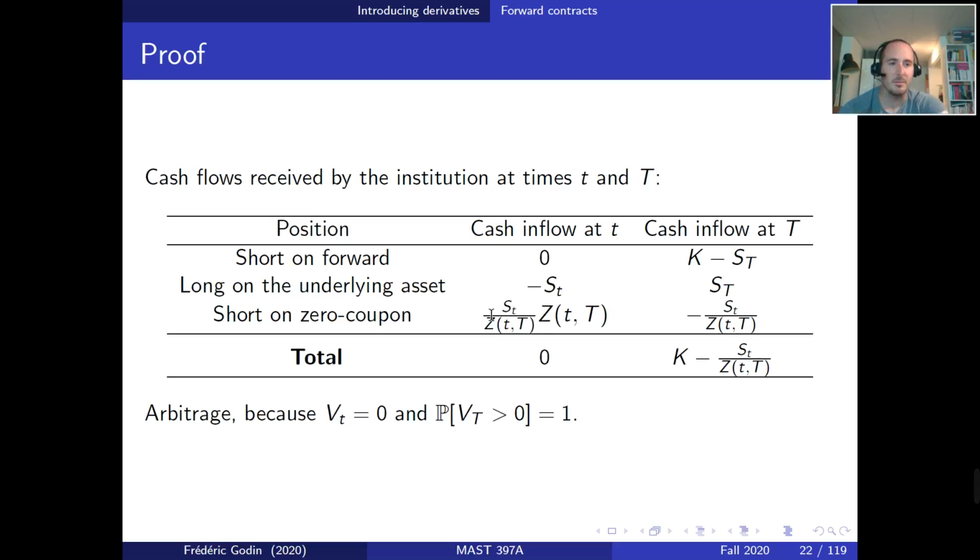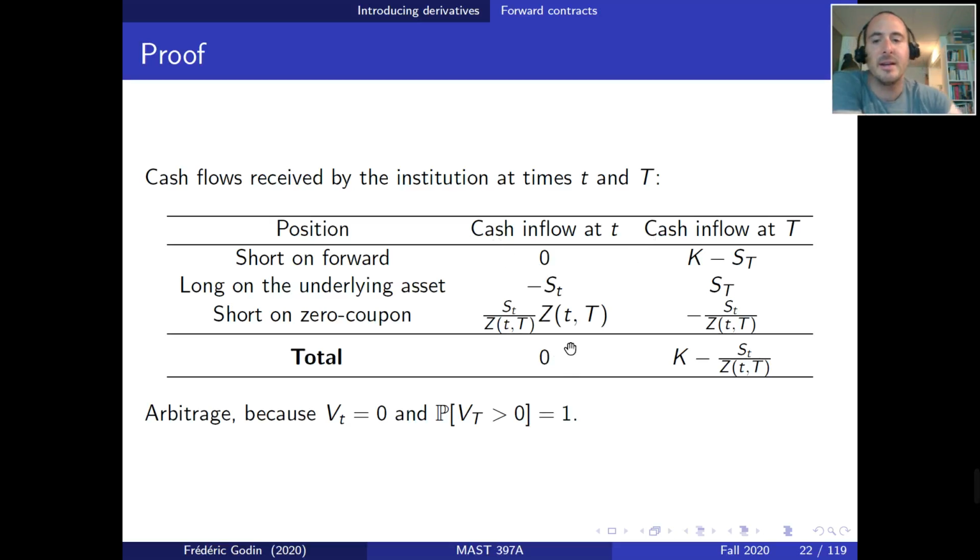If we sell them short at time small t, we receive at time small t the proceeds of the sale: the number of shares we sell times the value of the asset we sell, and the asset we sell is a zero coupon. So at time small t, we receive the price of the zero coupon times the number of shares. If we multiply and divide by Z here, these two Z's cancel out. So we see that the net inflow at time small t is equal to zero.